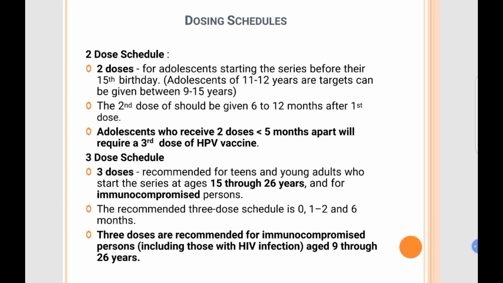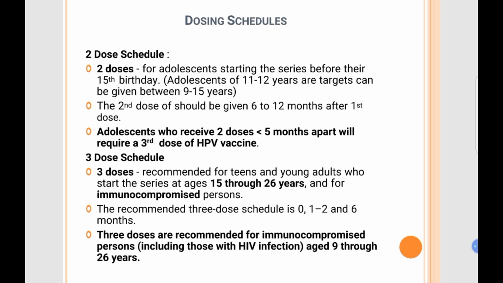And the second schedule is a 3-dose schedule. Three doses are recommended for teens and young adults who start their series after the age of 15, up to the age of 26 years, and for immunocompromised persons. So those who start the vaccination after 15 years of age up to 26 years will require 3 doses.